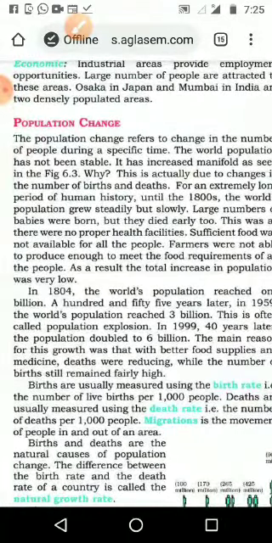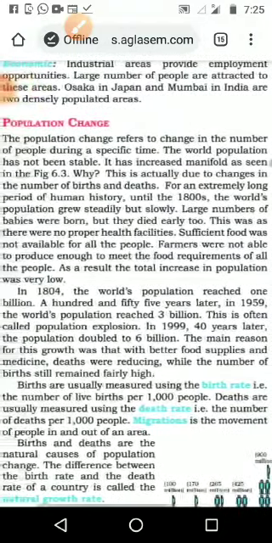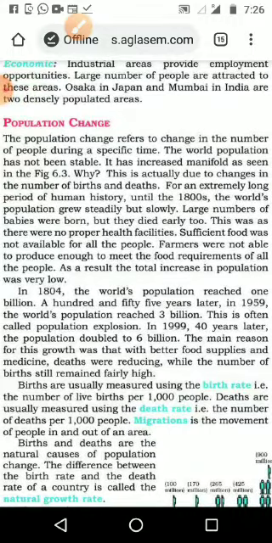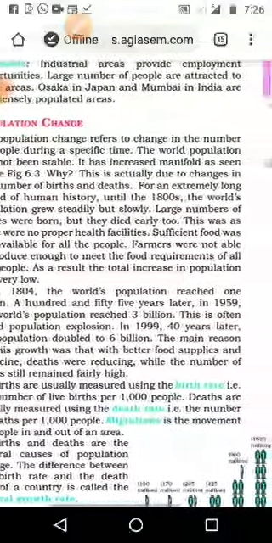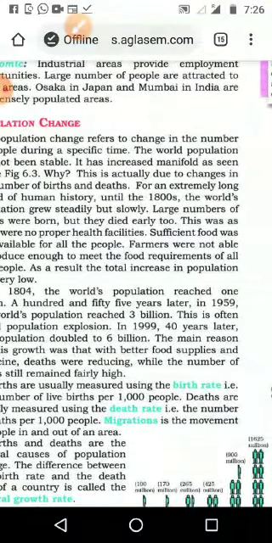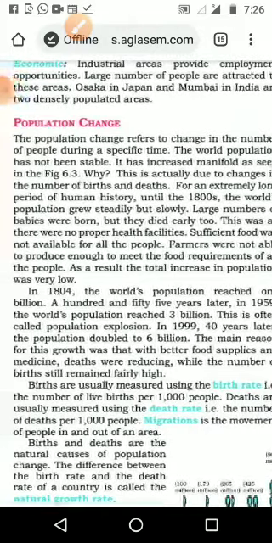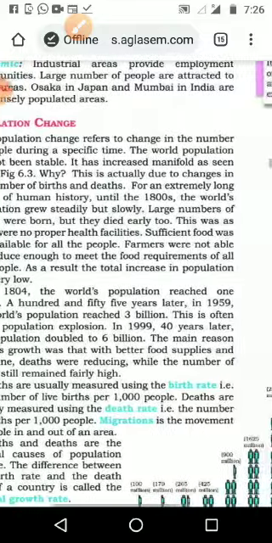Why is it changing every day? Because the first change is according to the birth rate and death rate. For an extremely long period of human history, until the 1800s, the world's population grew steadily but slowly.